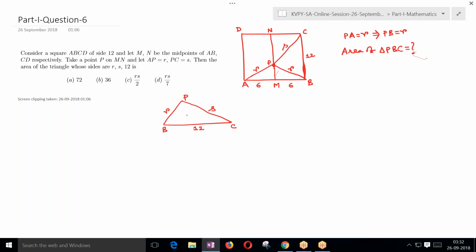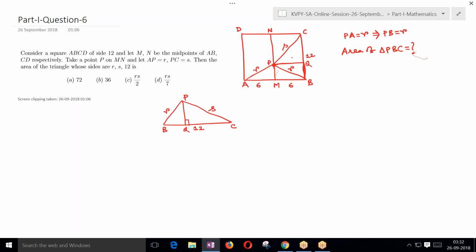Half into base into altitude. So if this is the perpendicular, and the foot of the perpendicular, suppose PQ, let's consider this point is Q. This has to be Q, and this is the right angle.